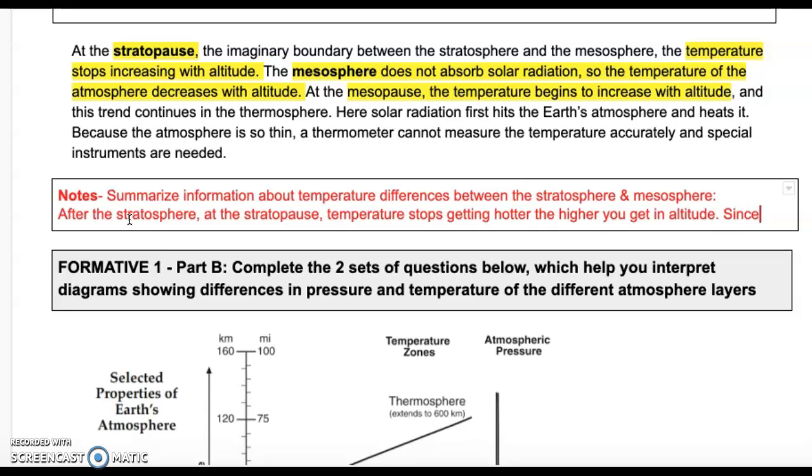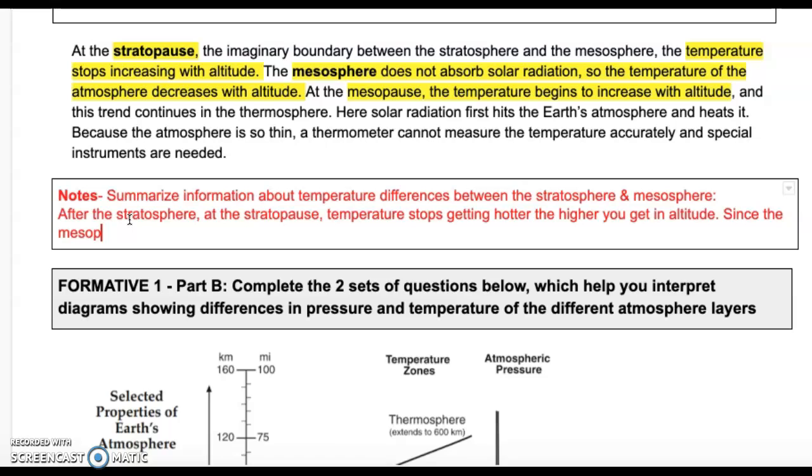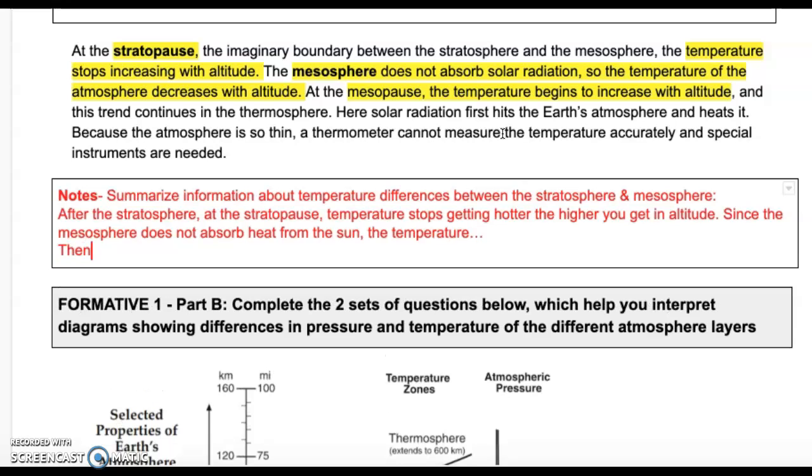And what if we say, since the mesosphere does not absorb heat from the sun, right, that's solar radiation, the temperature does what with altitude? Increases or decreases? Then, at the mesopause, the temperature starts to increase again as you go higher.